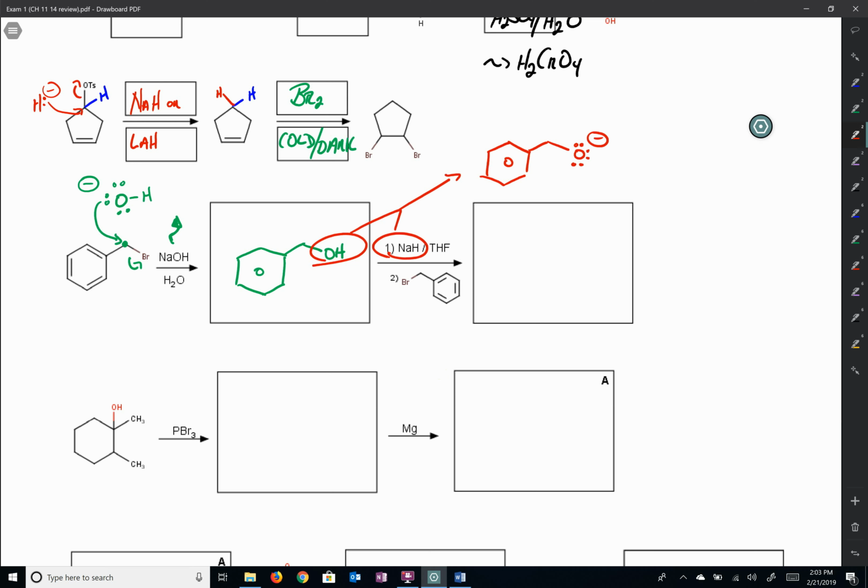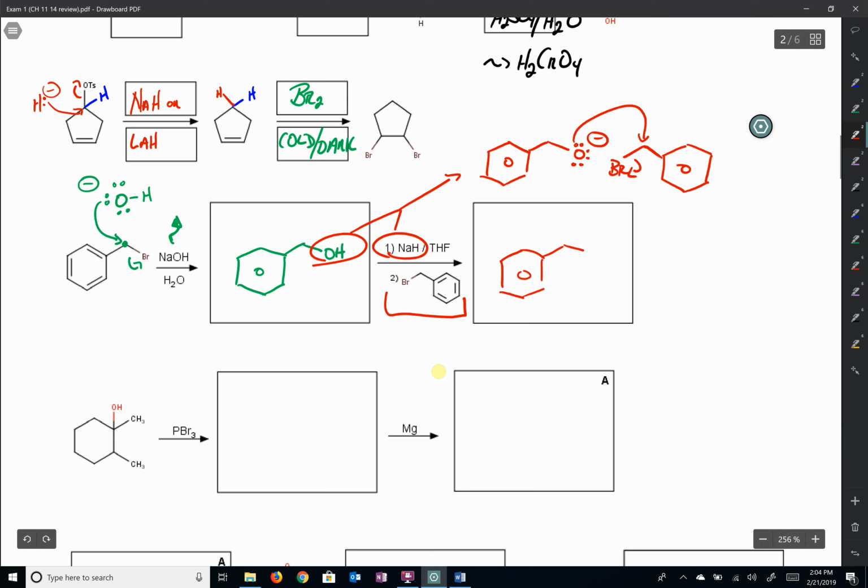Now what do we know about oxygens with lone pairs and negative charge? They tend to be strong bases. They tend to be decent nucleophiles if they're not too sterically hindered. And if we put these two together here, we can't do an elimination, so all we can do in this case is an SN2.